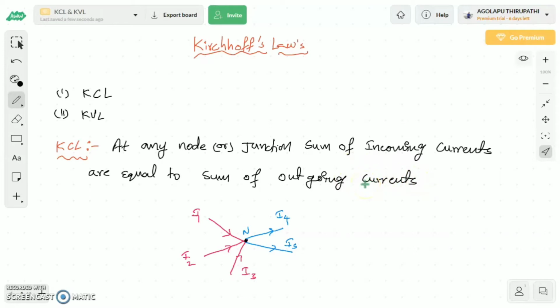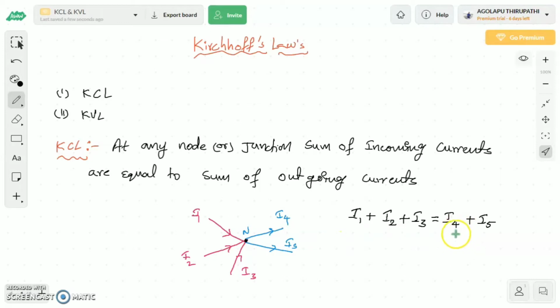The sum of incoming currents is I1 plus I2 plus I3, and that is equal to the sum of outgoing currents, I4 plus I5. So from the statement we can write I1 plus I2 plus I3 is equal to I4 plus I5.